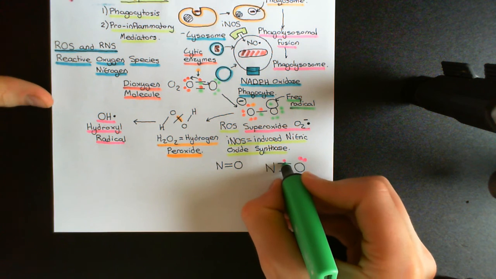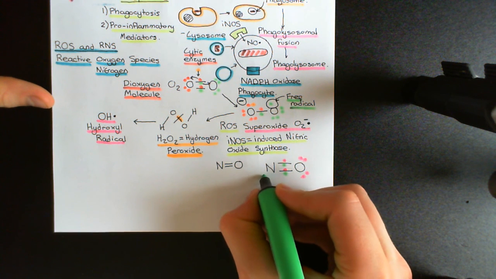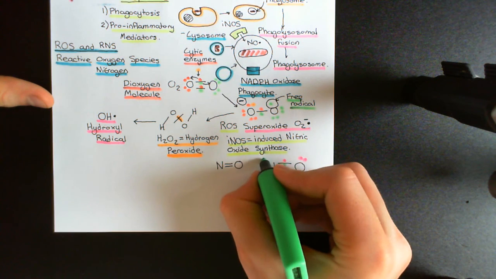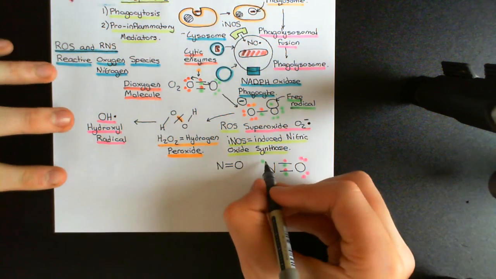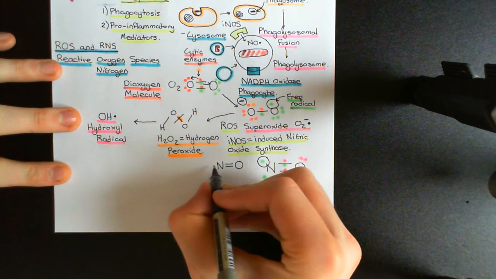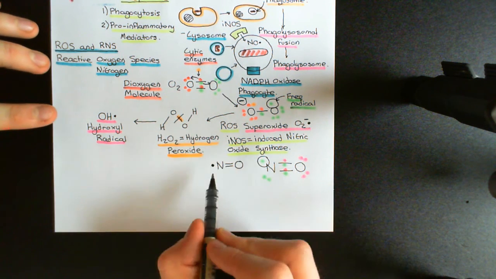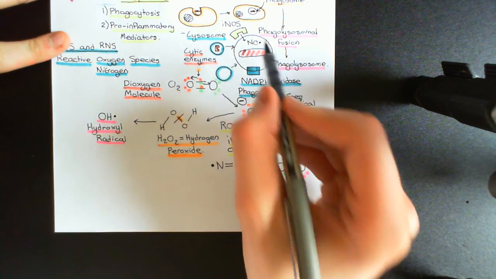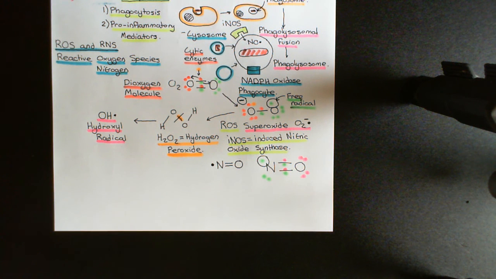Nitrogen has 5 outer shell electrons, so 2 of them are going to be involved in the double bond, 2 of them are going to be in a lone pair here, and 1 is going to be on its own, and that is the reason this molecule is a free radical. So the free radical is actually on the nitrogen. Again, if you like, you could put the dot in front of the nitrogen here rather than after the oxygen to show where it's actually present.